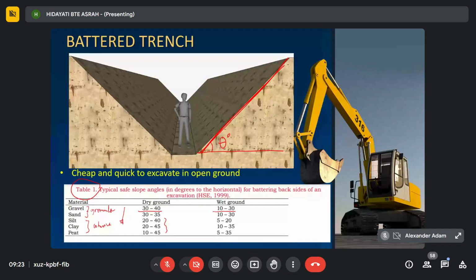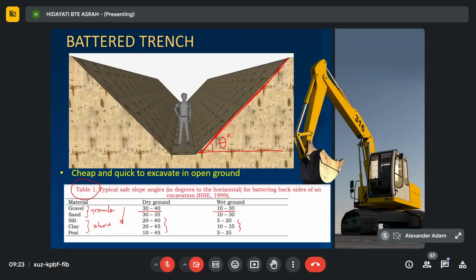You can refer to this. Even though you can cut this battered trench depending on the slope to make it stable, you can also use support equipment to protect workers. This protection is very important and useful because it is difficult to determine the safe temporary slope of the ground.